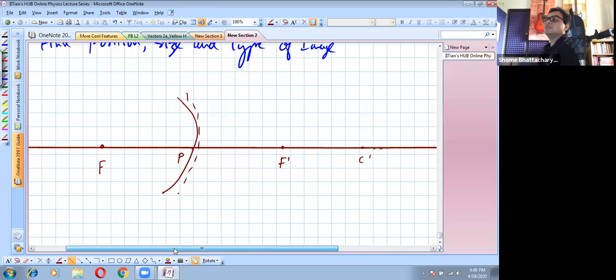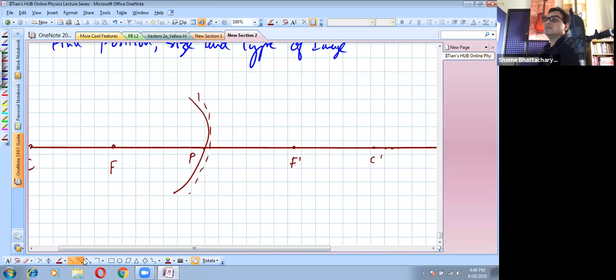So now what is happening is my incident rays are such that they kind of appear to give me a virtual object somewhere. So this is not something that really exists. Okay, it just appears to be there. So I'm again going to show it like a broken kind of thing like this. Okay, now how is this virtual object AB actually coming? It is coming from these kind of rays.